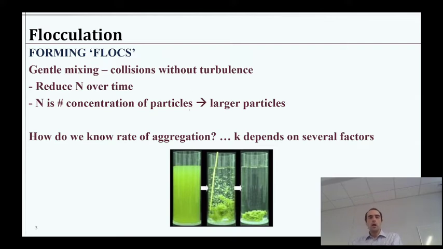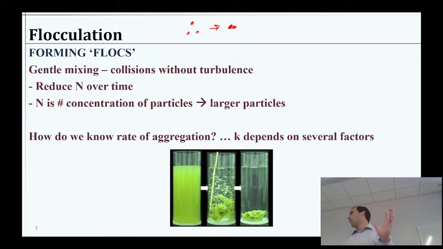So our flocculation then, I think I mentioned this already, is where we're taking multiple particles and ultimately creating new individual particles that are made up of the components of the particles stuck together. So we had 3 particles here going into 1 that was made up of those 3. So what we want is gentle mixing.